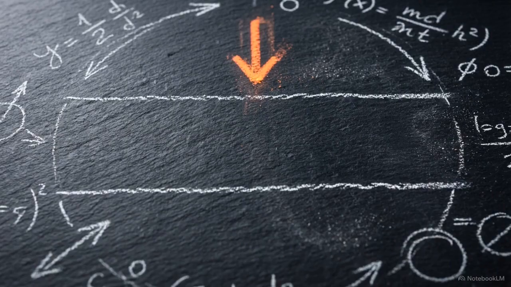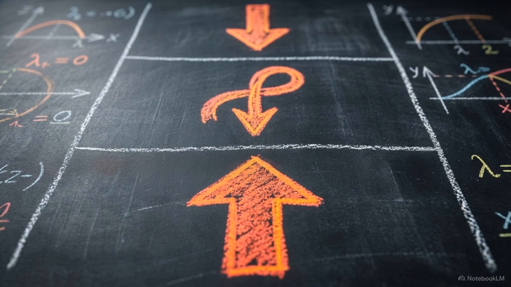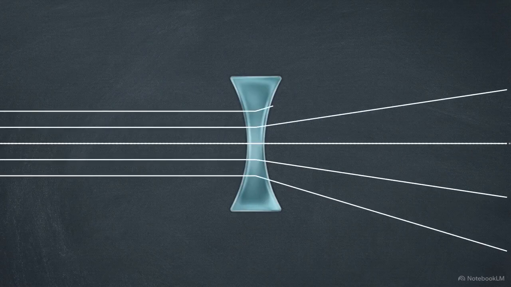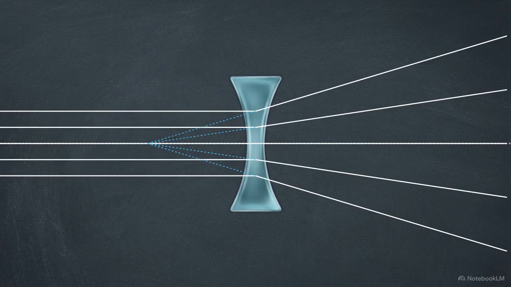Depending on where you place an object relative to the focal point, the lens will shrink, flip, or magnify the image. The concave lens behaves very differently. Its rays spread outward, so we have to track those diverging lines backward to find the focal point. In this case, that point is a virtual location on the incoming side of the glass.